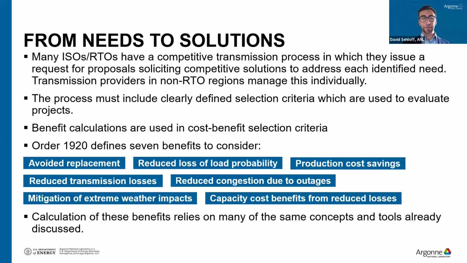So if this solution can avoid replacement of transmission, if it can reduce the loss of load probability, improving reliability, economic criteria, production cost savings, reducing the losses of the transmission network, reducing the congestion specifically due to outages, mitigation of extreme weather impacts, and then also specific loss reduction benefits that relate to the need for transmission for generation capacity.